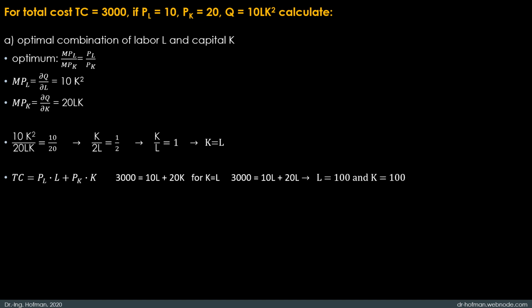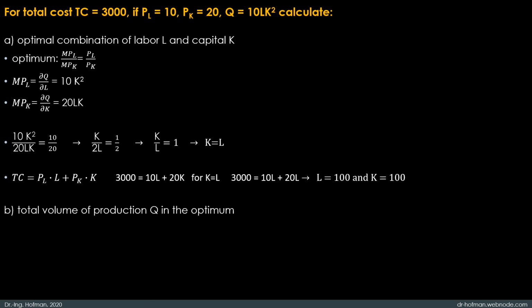You know the price of labor 10 euros times L plus price of capital 20 euros times K. For K, which equals L, we can just write 3000 equals 10L plus 20L. It means 30 L's are 3000 and L is 100. And K from here is also 100 because L is equal to K.